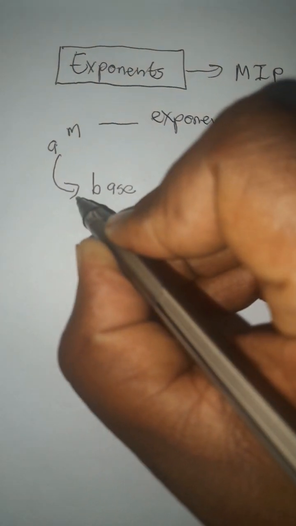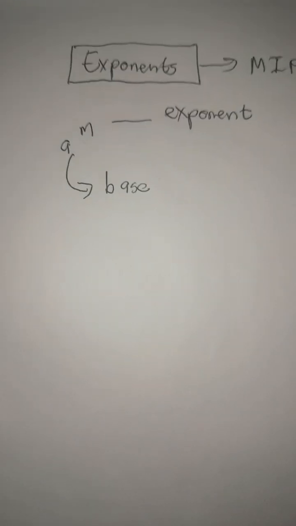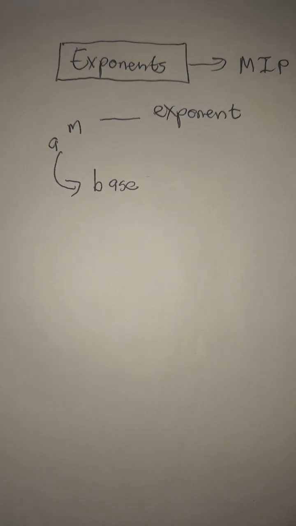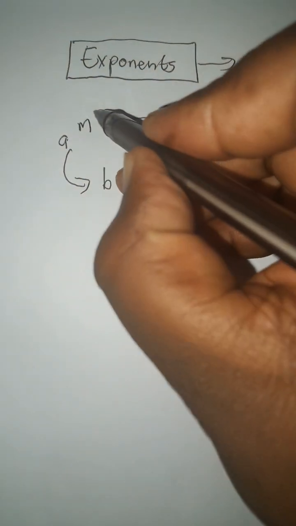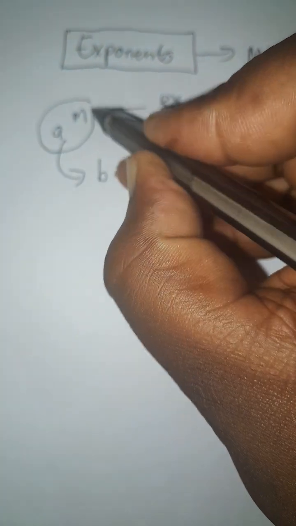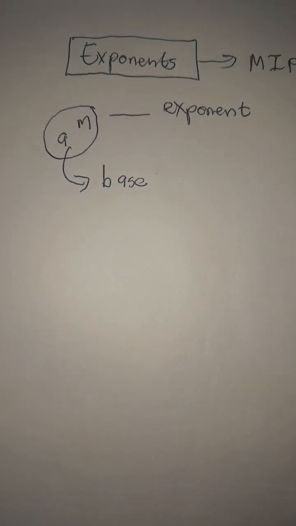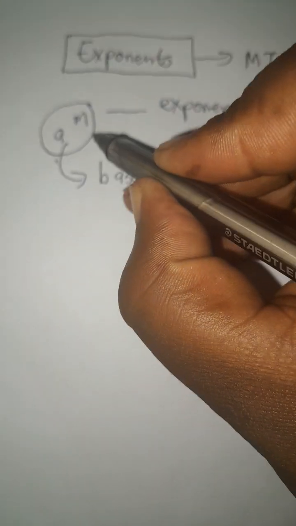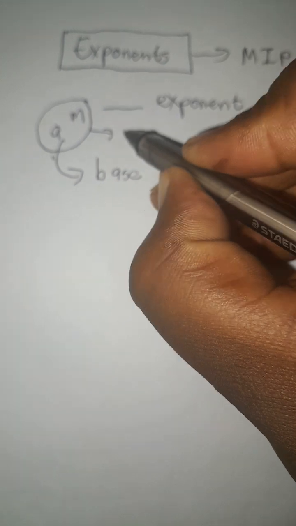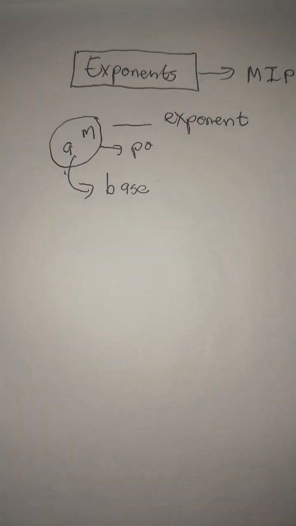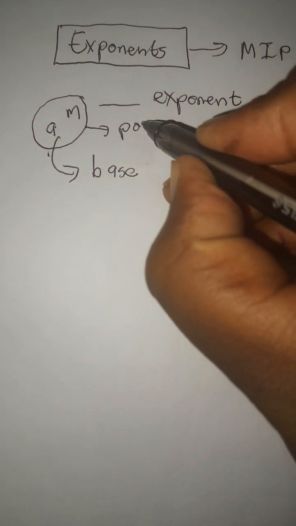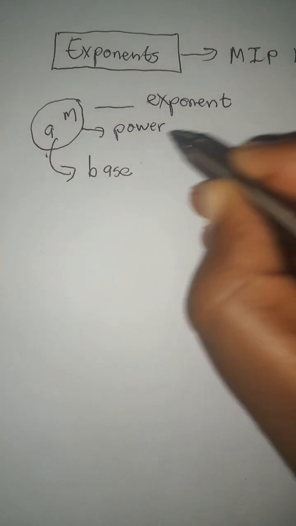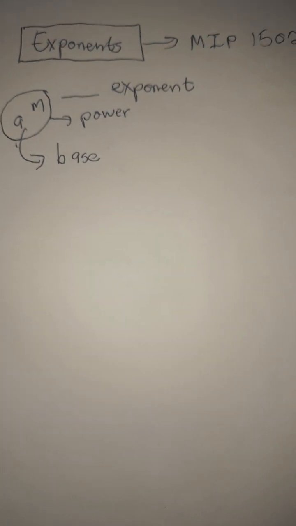This is a base, and this is an exponent. Remember, I will just write it like this. We said this is a base and this is an exponent. So it exerts what? Power. So that's why you call it a to the power of m, right? So okay.